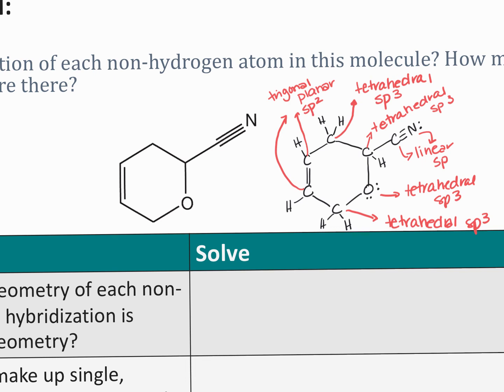So we've pretty quickly identified the hybridization of the non-hydrogen atoms here based on the fact that we can identify really quickly things that are tetrahedral, trigonal planar, and linear, and then know that tetrahedral is sp3 hybridized, trigonal planar is sp2, and linear is sp.